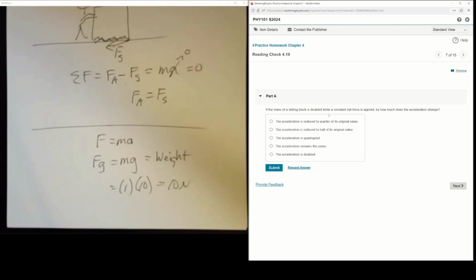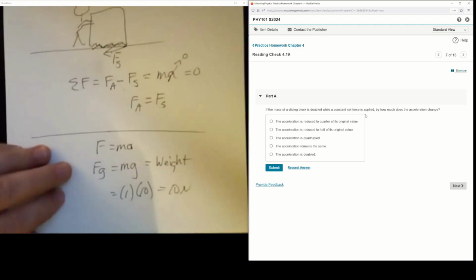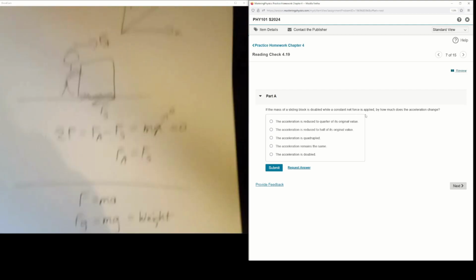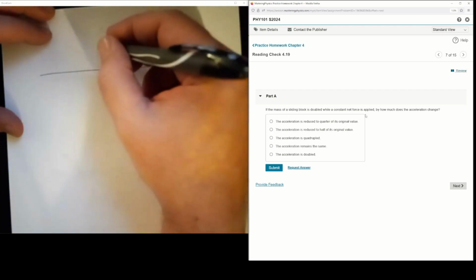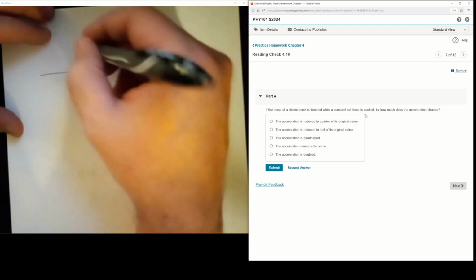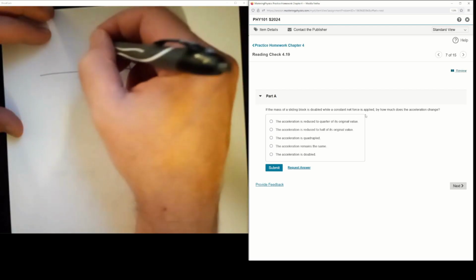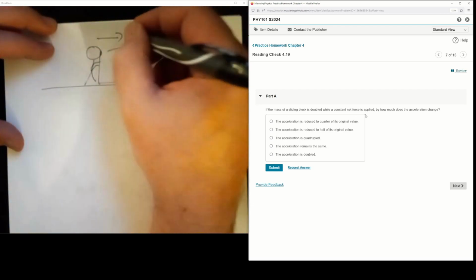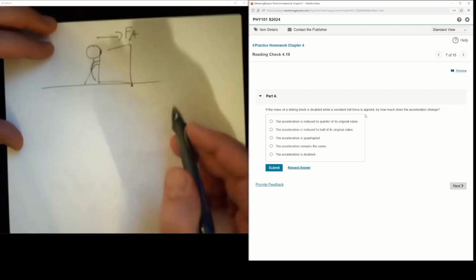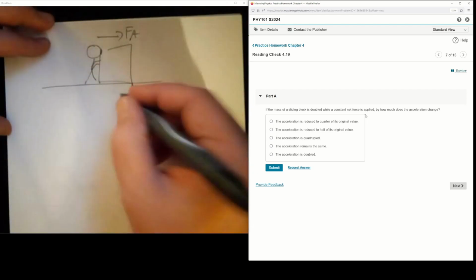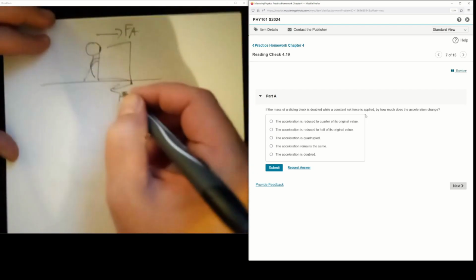If the mass of a sliding block is doubled, so we got our block, it's sliding. So it says, well, I'm just pushing it again with some applied force, friction working against us.